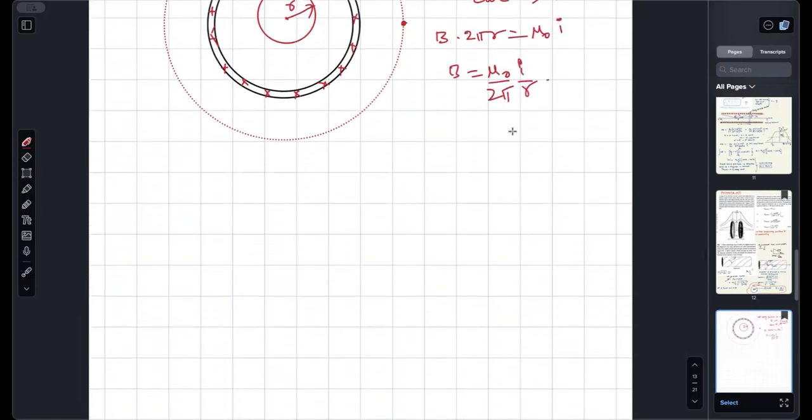Whereas in outside solenoid, outside a long solenoid, field is 0. You may ask me how. I'll simply explain like this.